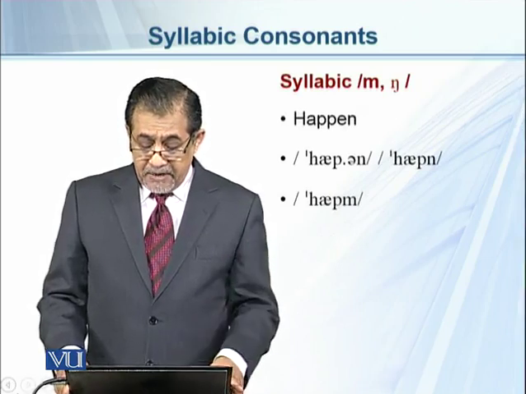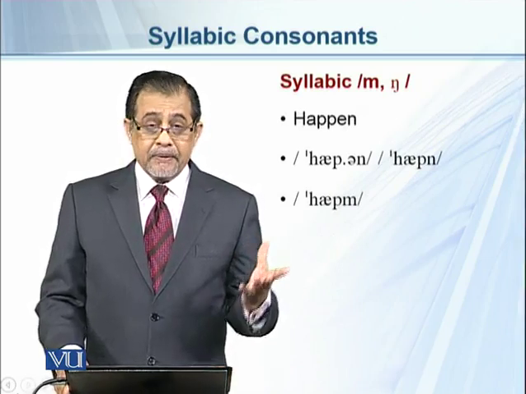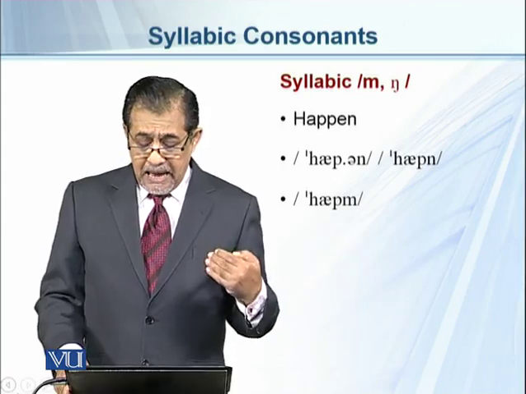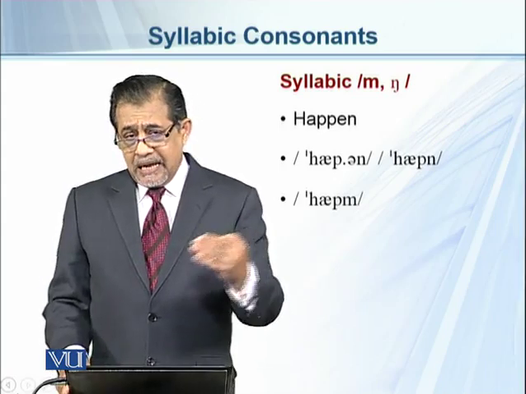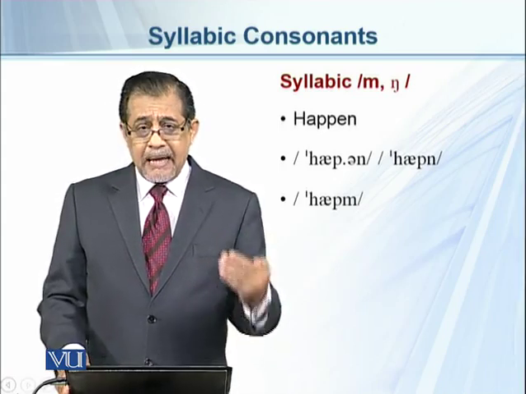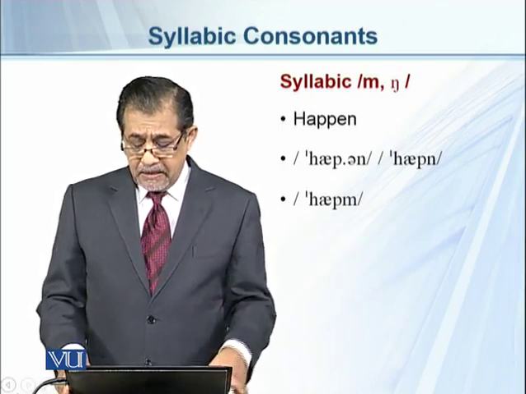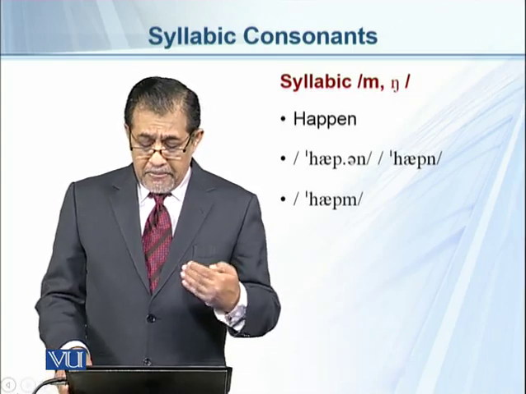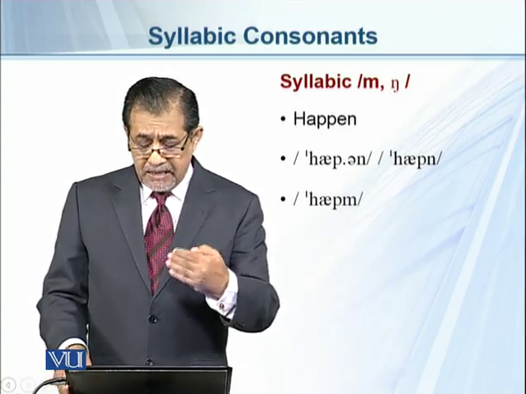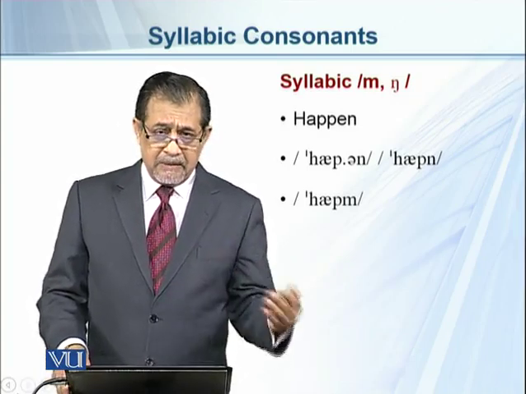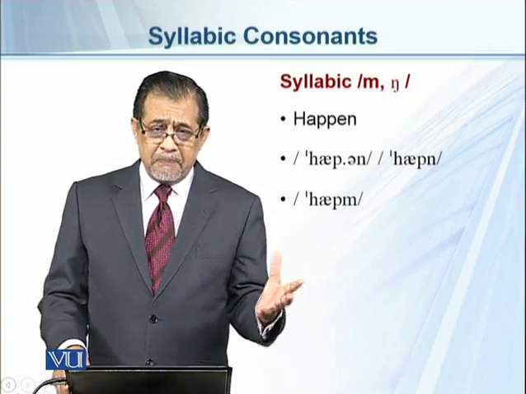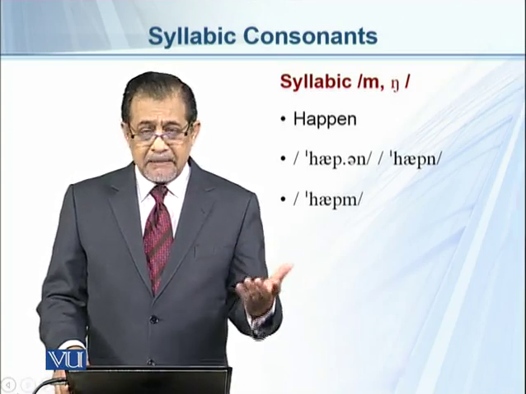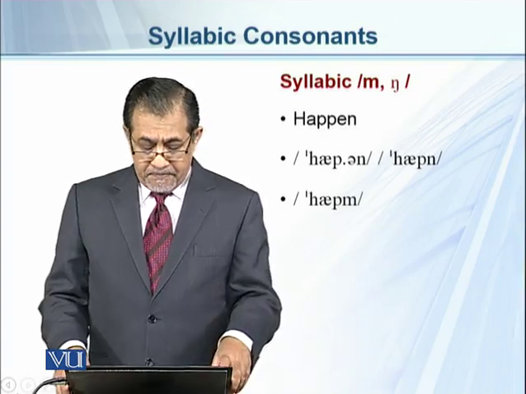For example, if we have the word happen, we elide the schwa sound and make it a syllabic n, and under the influence of assimilation, the n sound, because of the bilabial power, becomes m, and this becomes happen.